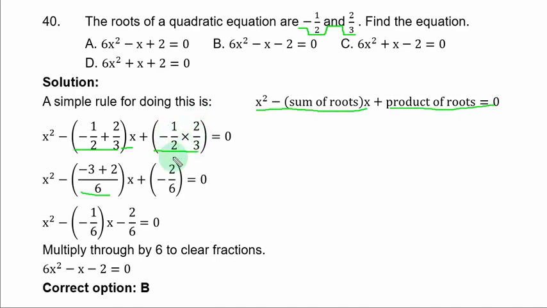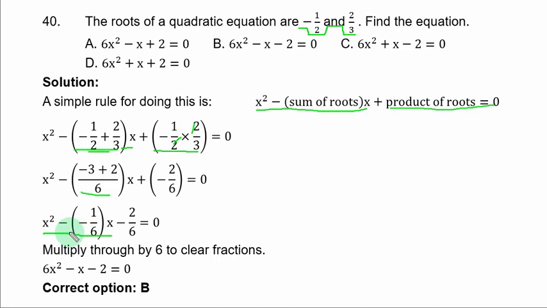-1 times 2 is -2. 2 times 3 is 6. Actually 2 can divide 2, but I'm trying to maintain the same denominator of 6 in both cases. So if you simplify the bracket, you have s squared minus bracket open -1/6 bracket close times s. Then you have plus minus is minus, so you have 2/6 equal to 0. Multiply through by 6 to clear fractions.